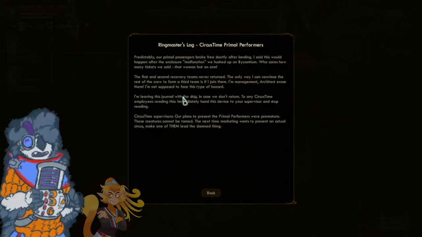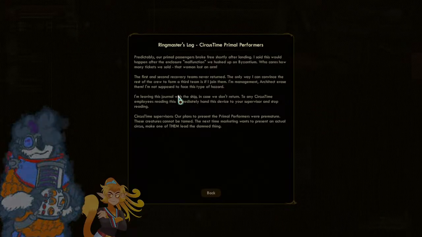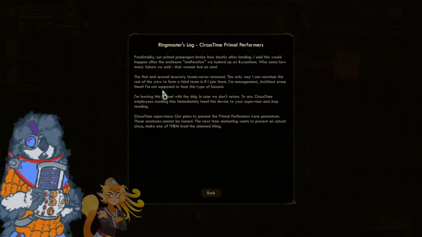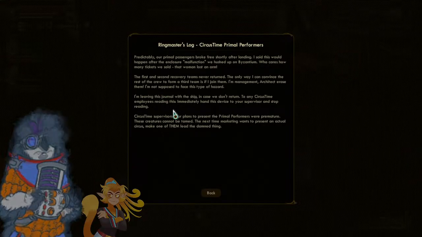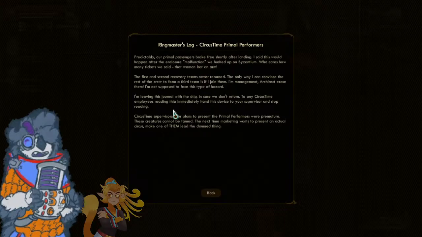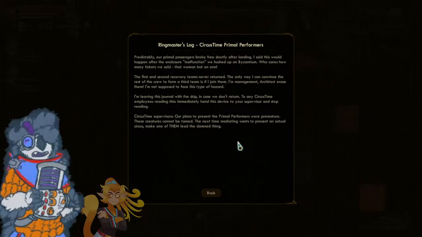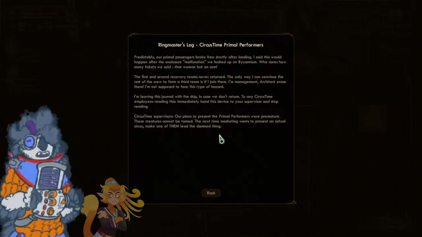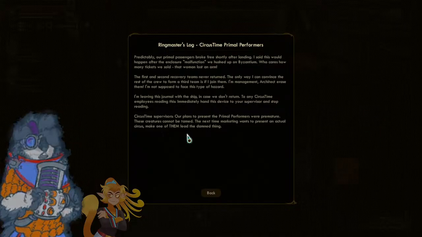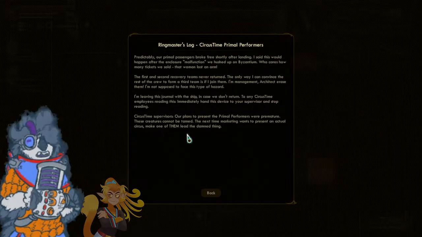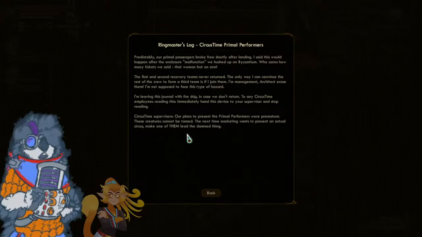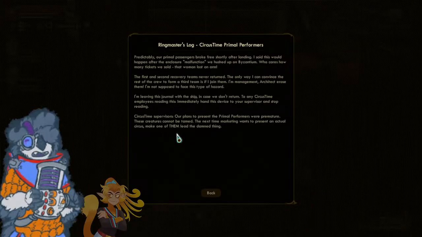And management, architects erase them. I'm not supposed to face this type of hazard. I'm leaving this journal for the ship in case we don't return. To any Circus Time employee reading this, merely hand this device to your supervisor and stop reading. The Circus Time supervisors. Our plan to present primal performers was premature. These creatures cannot be tamed. The next time marketing wants to present an actual circus, make them lead the damn thing.